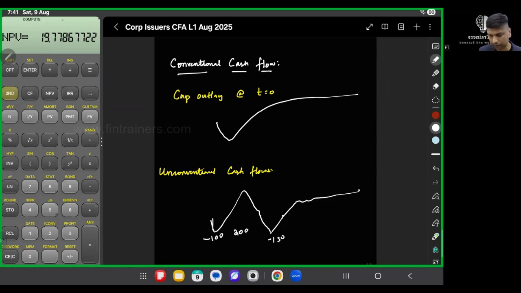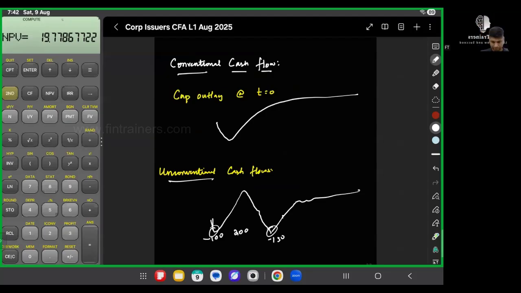This kind of negative cash flow happening more than once is called an unconventional cash flow. When you have unconventional cash flows, sometimes the IRR, which you will see later, becomes a bit tricky to calculate because there could be multiple IRRs. We will see that. But right now, we just want to understand the difference between conventional and unconventional cash flows.